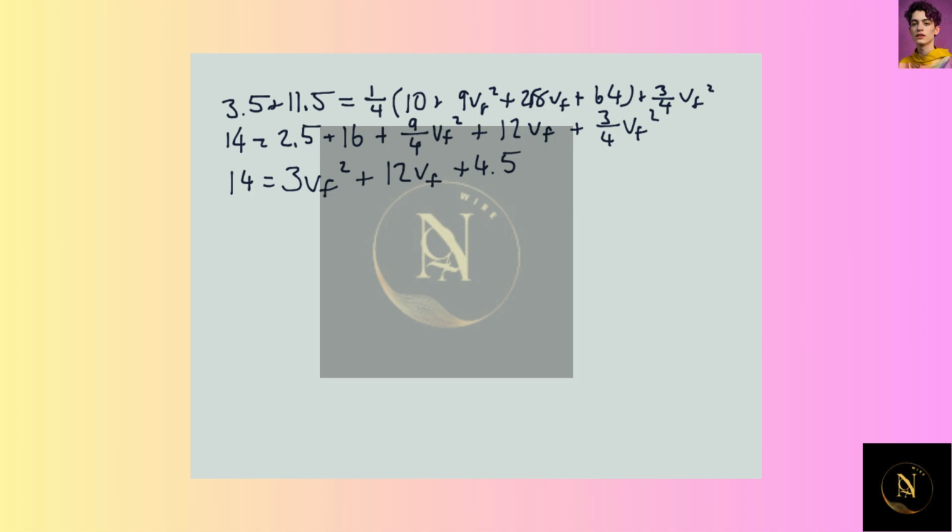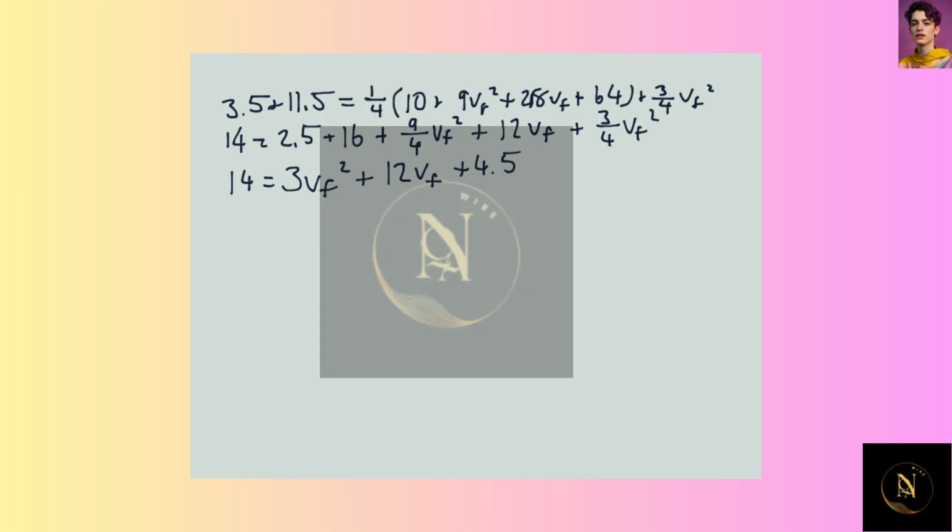Here we have a quadratic equation that we need to solve using the quadratic formula in order to find out what the final velocity of the second ball could possibly be. This means we're going to end up with two solutions, positive and negative, based on the square root in the formula.